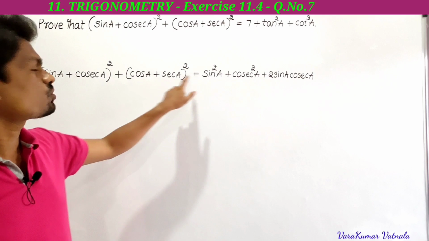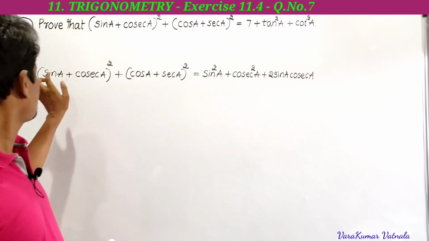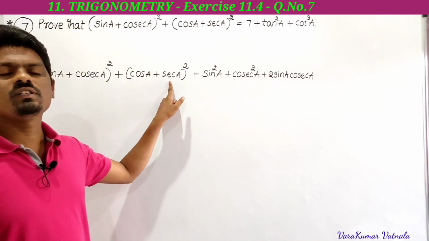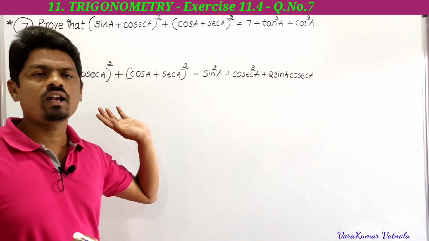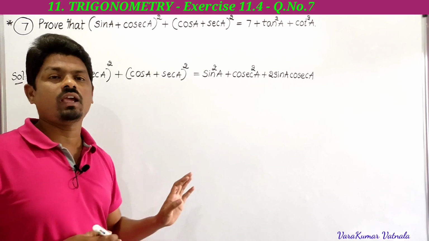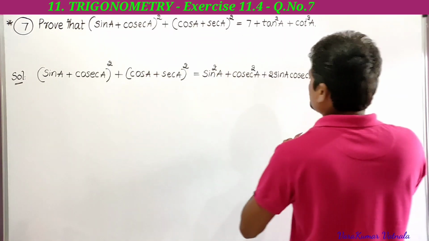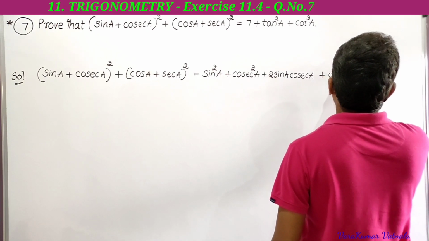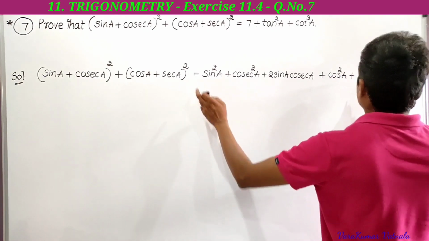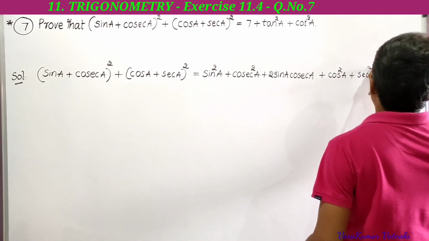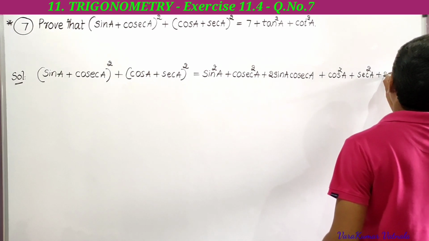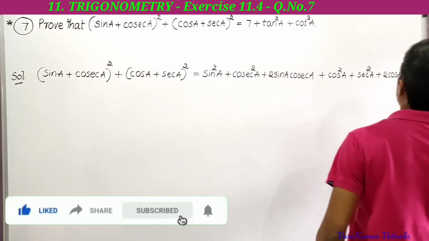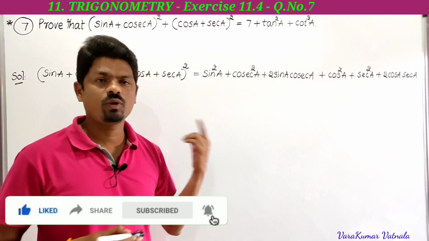A square is sin square A, B square is cosec square A, 2AB is 2 into sin A into cosec A. The second term is also in the form of (A plus B) whole square, but here A is cos A, B is sec A. So again we have to expand using (A plus B) whole square. A square we get cos square A plus B square we get secant square A plus 2AB, so 2 cos A into secant A. So we have just expanded using (A plus B) whole square.